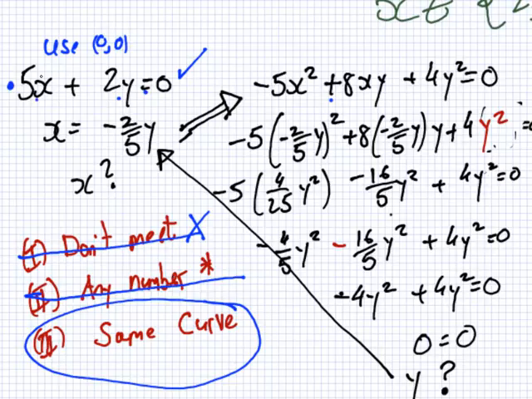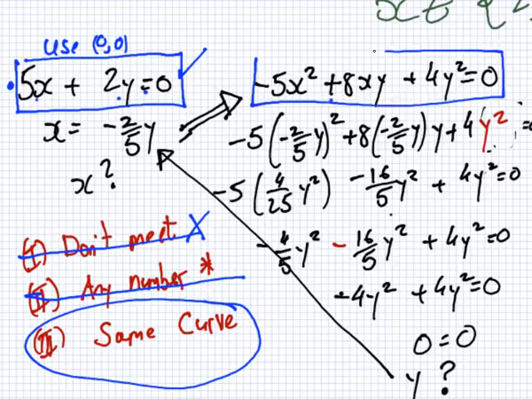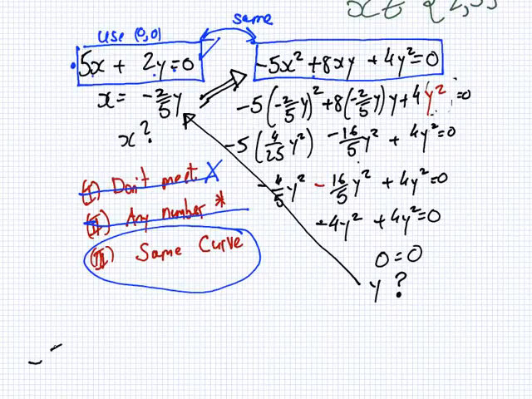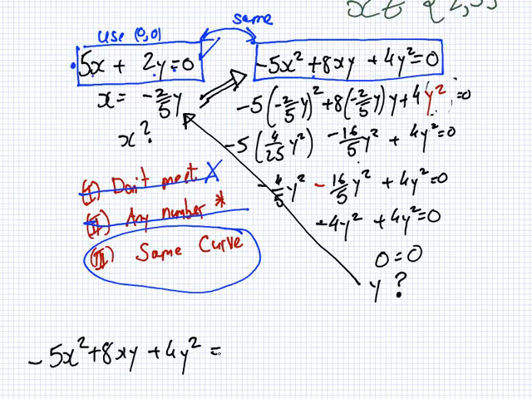And you might be thinking, now Stephen, you're talking crazy talk, because firstly, that's linear, that is not linear. You're not going to tell me that they're the same. Are you? I am. So watch what happens now. Minus 5x squared plus 8xy plus 4y squared equals 0.